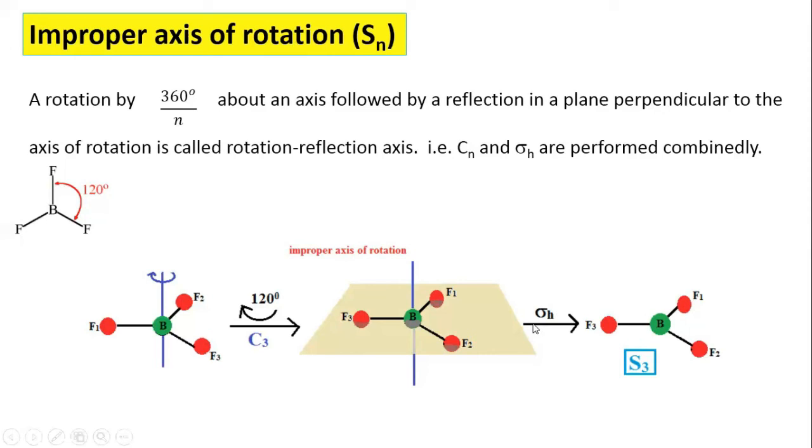After performing this reflection operation, you can see that since a planar molecule has its own reflection, it just gets reflected as such. But this is indistinguishable from the original configuration. So it leads to a symmetry operation called S3. This is the improper axis of rotation, and we shall see how it is actually obtained.